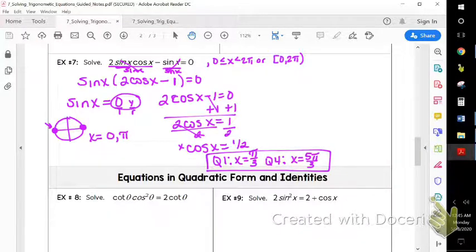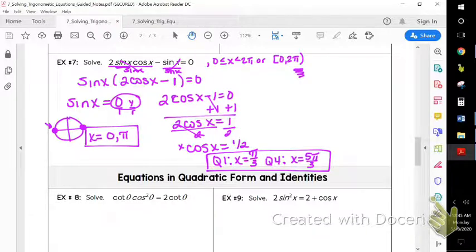It didn't specify on this one, and the way it said at the very beginning made it appear that 2 pi was included, but most of the time it's not. So I'm not going to put that in my answer this time, but just letting you know, be careful on how they're going to do it. We're going to pretend that these are the directions, and in that case, this would be my answer.